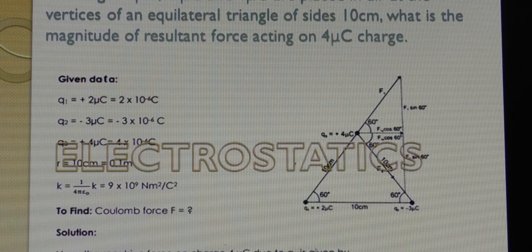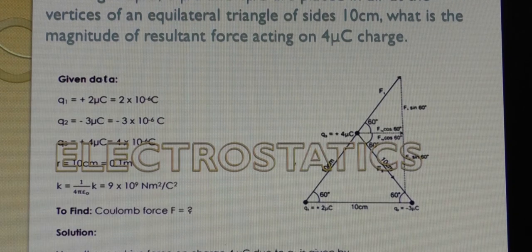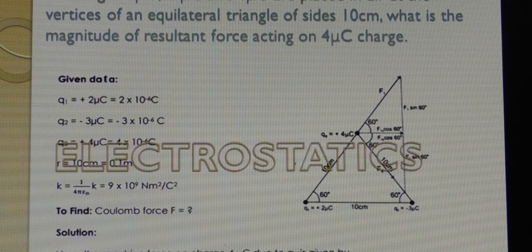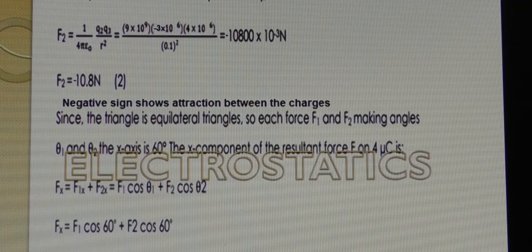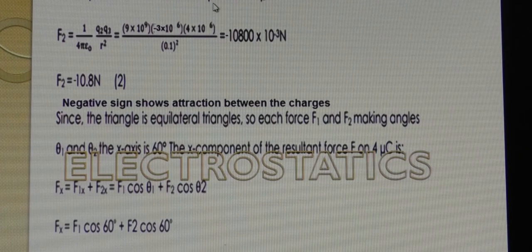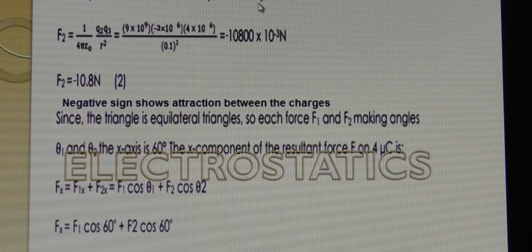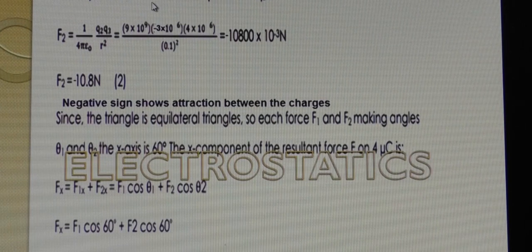When we put all the values, what we get, equation number 1, we call it F1, which is equal to 7.2 Newton. Similarly, the attractive force on 4 microcoulomb due to Q2. Why attractive? Because Q2 is a negative charge, so there would be a force of attraction.